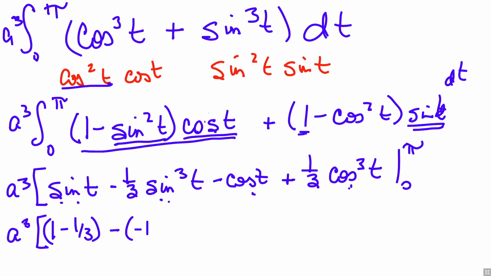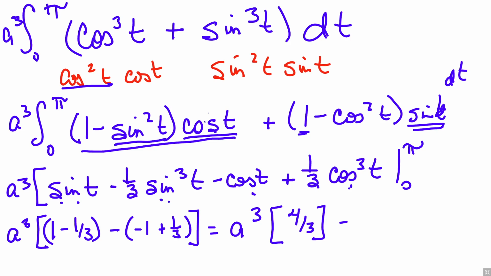So negative 1 plus 1/3. So we're going to have a cubed times, basically 2 minus 2/3, which is going to give us 4/3. So we're going to end up with 4/3 a cubed.